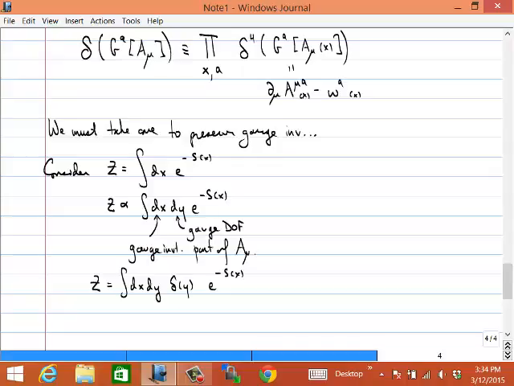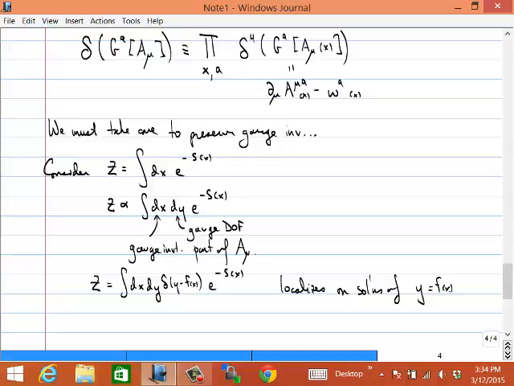But more generally, I could set y to be equal to any function of x, and I would still get the correct answer for Z. So this means that this path integral localizes on the solutions of y equals f of x.